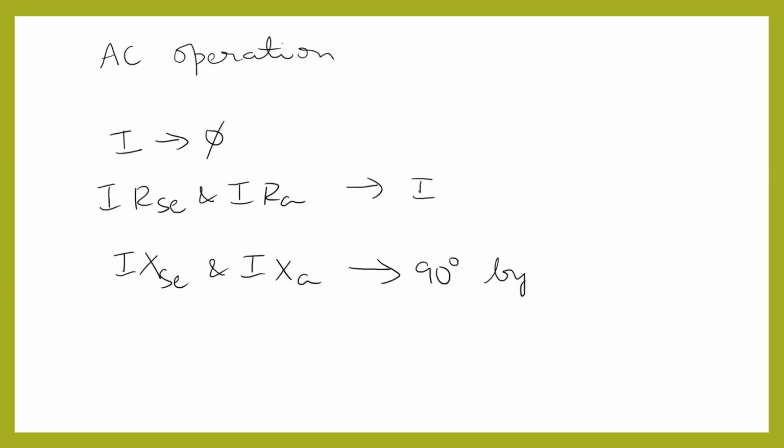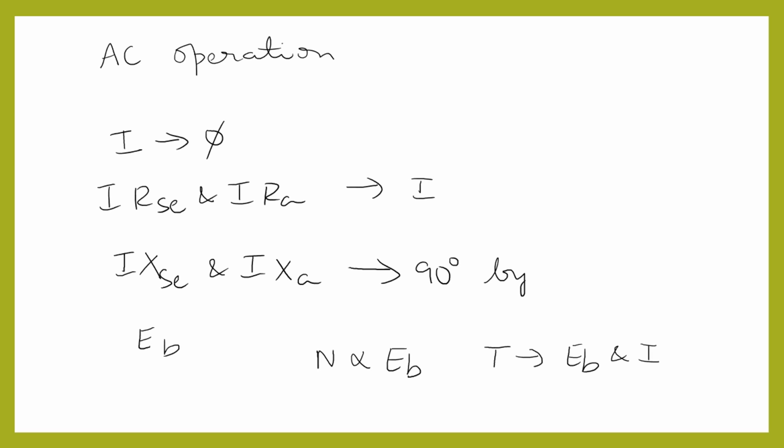In this case, the back EMF is much less compared to the back EMF in DC operation. Also, the speed is proportional to back EMF, and torque depends upon the product of EB, back EMF, and current.